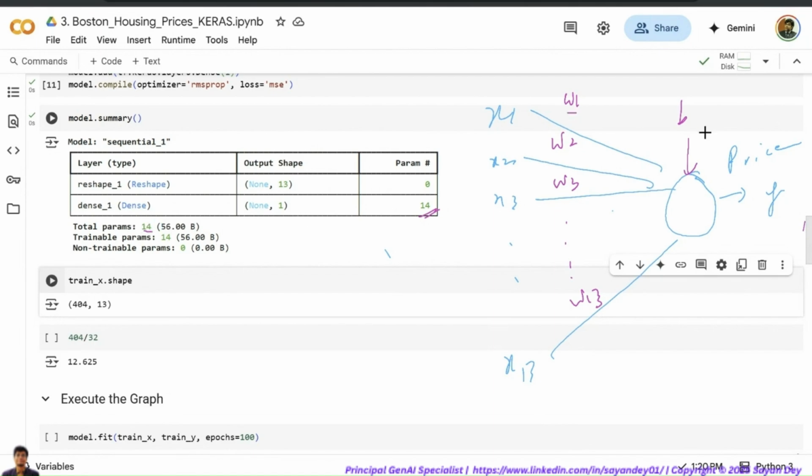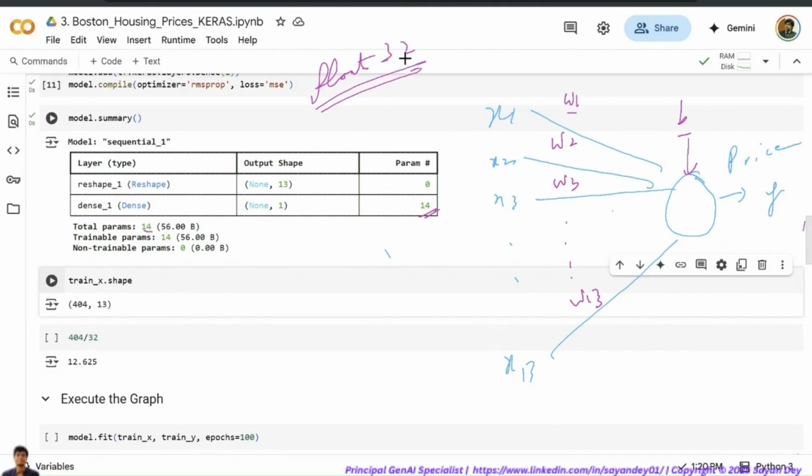And weights and biases are what? What are weights and biases? This is actually float 32, right? The TensorFlow default is float 32. Okay, float 32 means what? 32 bits, right? 32 bits means 4 bytes. That means every number you're storing is 4 bytes.